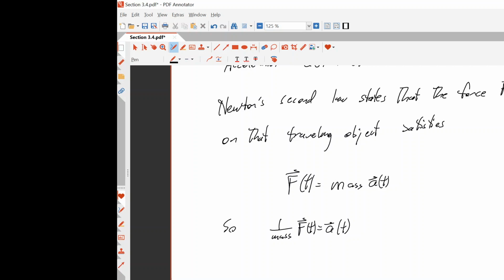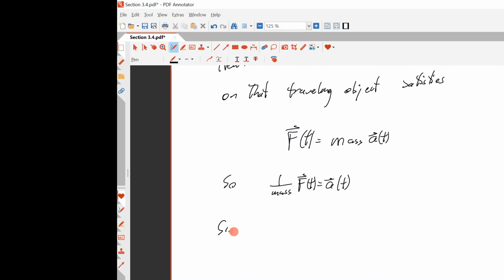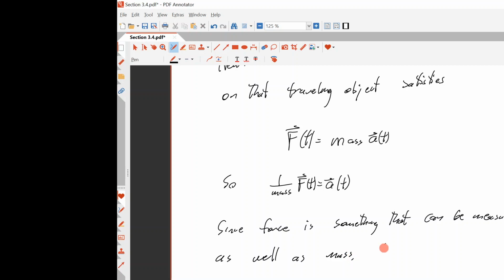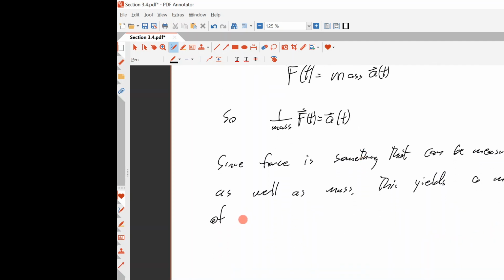Since force is something you can measure, as well as mass, this yields a method of finding the acceleration function.